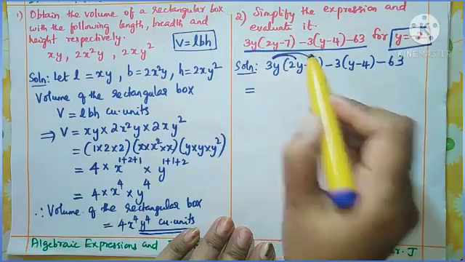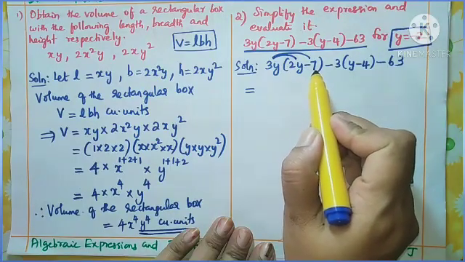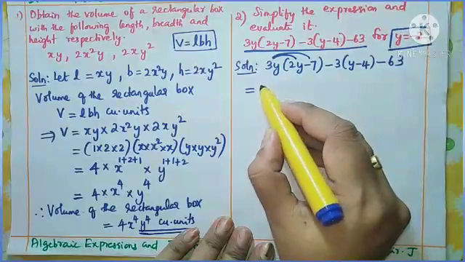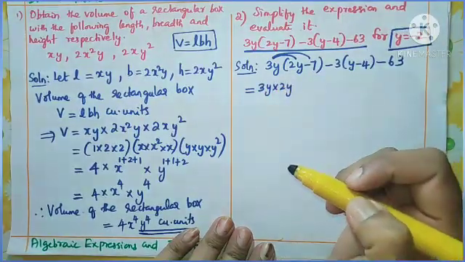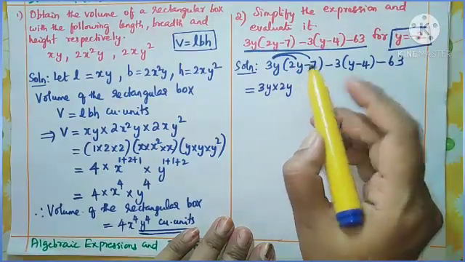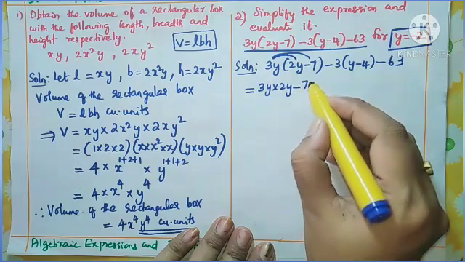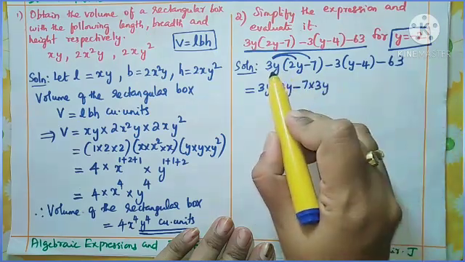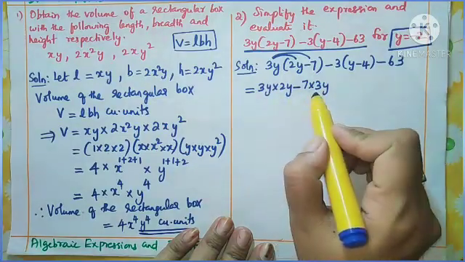Then 3y multiplied by minus 7. Minus is the sign of 7 here. So how can we write? 3y into 2y. That is over. Now you see minus 7. So minus is there. Minus 7 into 3y, or you can write 3y into 7. That is also correct. So the first multiplication is over.